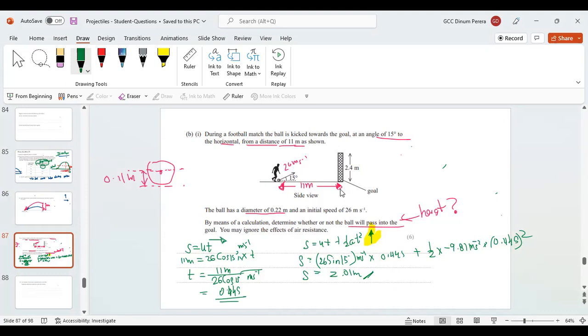How can we determine whether it reaches the goal or not? Does it reach the goal?